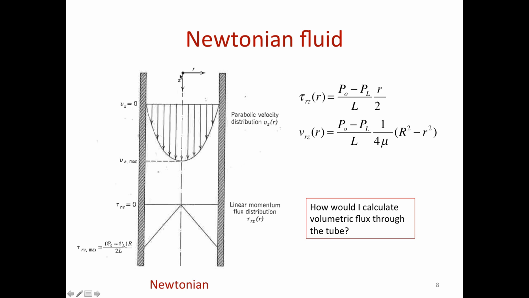If you actually have fluid that is inside the tube, your tau r theta, or tau r z in this particular case. I think we had tau r theta in the example on the quiz. But tau r z here is z momentum transferred in the positive r direction, so transferred in this direction.